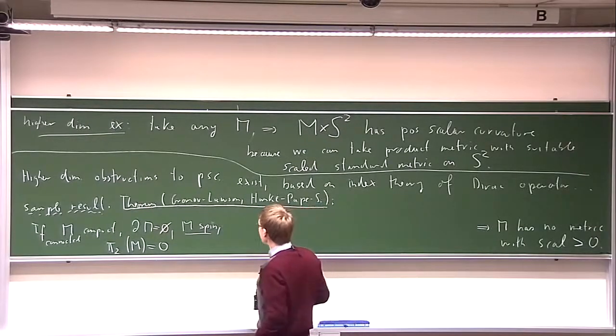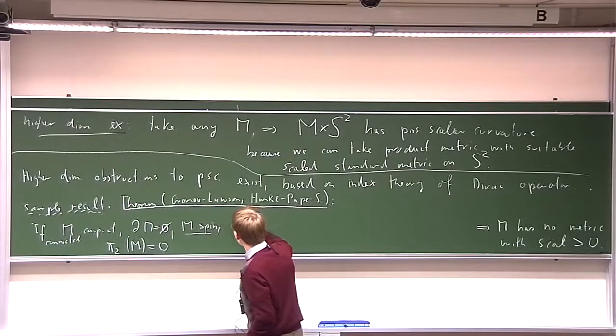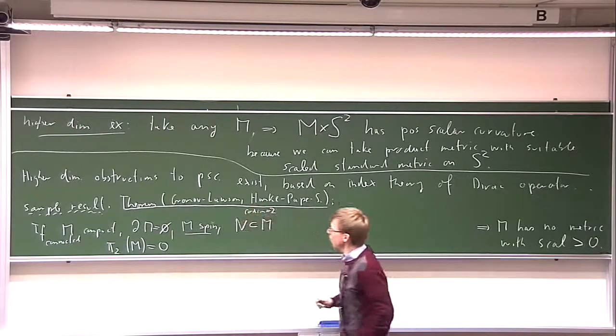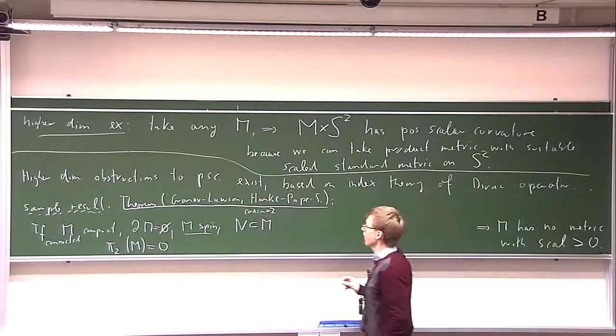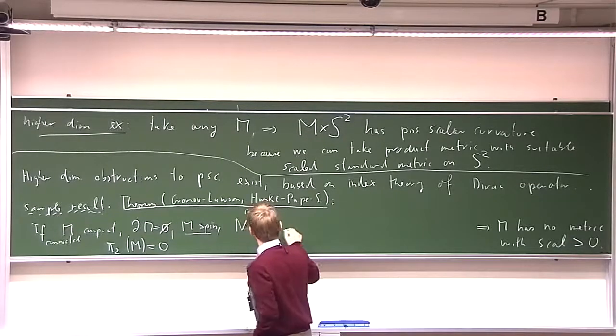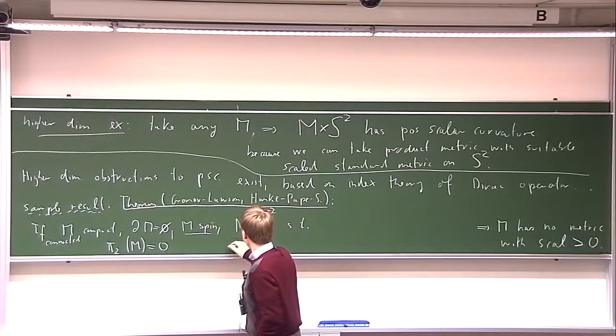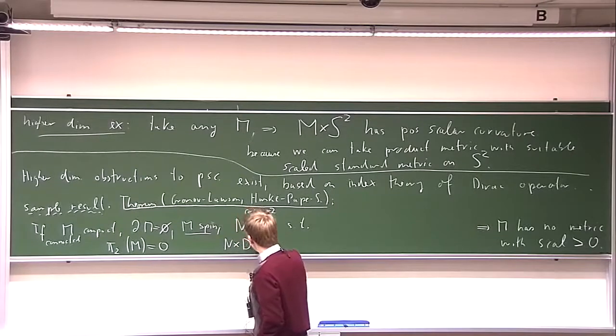Now I want that inside M, there should be a codimension 2 hypersurface. So the difference of dimensions is 2, such that, so this has to satisfy two things. N has a trivial normal bundle, which means we can actually thicken this embedding.